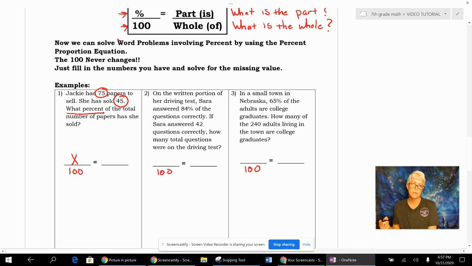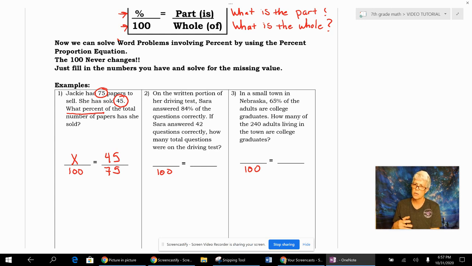But as you'll see in some of the examples, sometimes you don't have those two numbers because you're looking for one of them. But pretty much we know here that she had 75 papers to sell. That's all the papers she had to sell. And there's 45 of them is what she has already sold. So what percent has she sold?